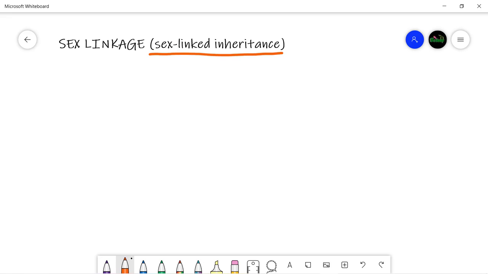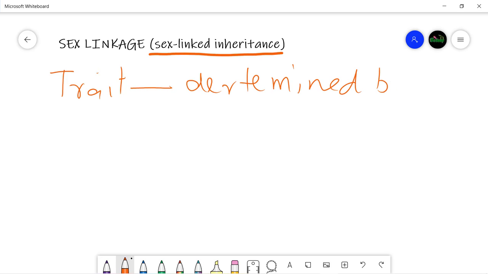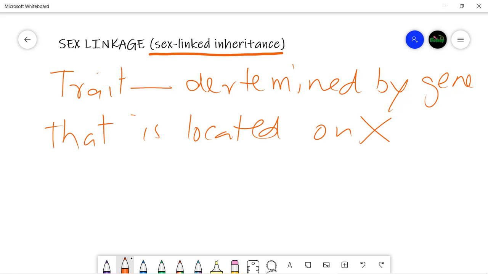First of all, the definition of sex-linked inheritance or sex linkage. The inheritance of a trait, and you know what a trait is, a phenotype, a character that is transferred from parents to offspring. So the inheritance of a trait that is determined by a gene, and that particular gene is located on the X or sex chromosome.